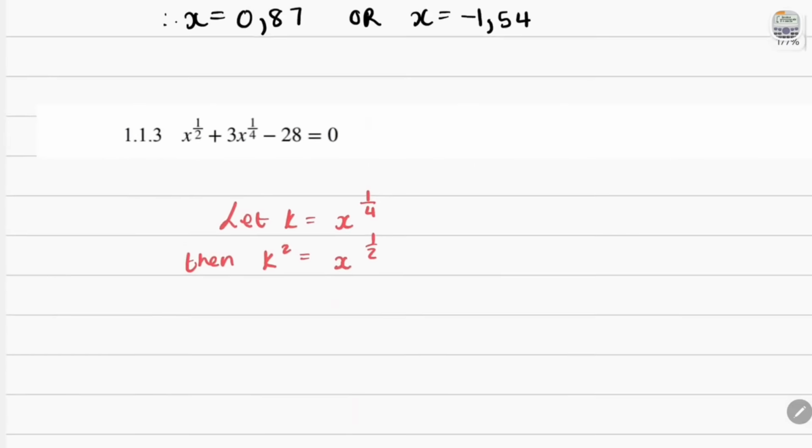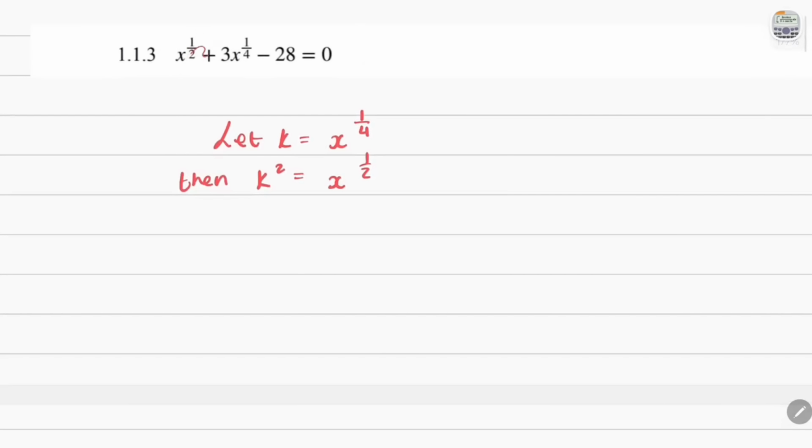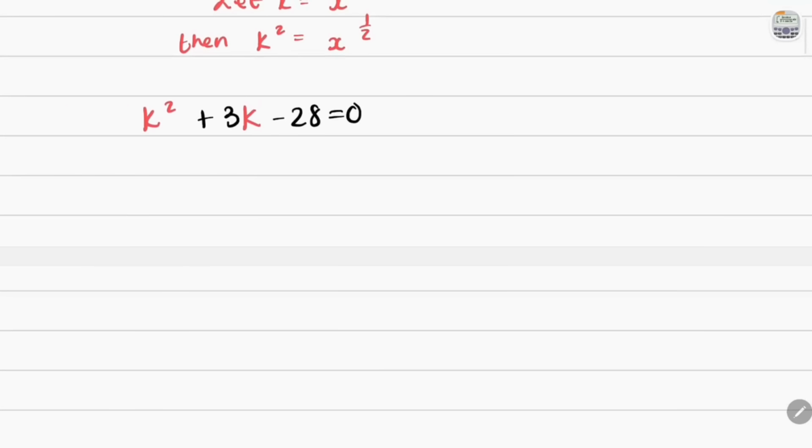Let's go ahead and replace it. In place of x to the power of 1 over 2, we just say k squared. So that's k squared, plus 3 times x to the power of 1 over 4, that is k, minus 28 equals 0, and we have a quadratic equation.